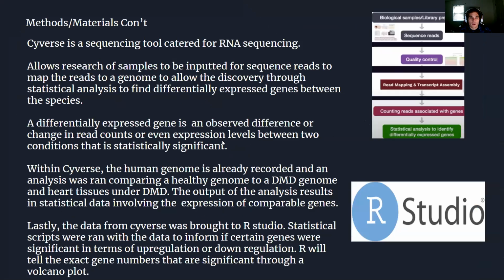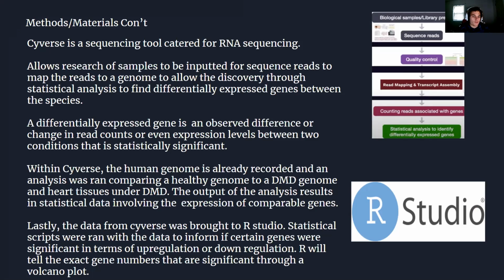And then we moved on to using CyVerse, which is a tool considered for RNA sequencing. It already had the human genome, and we were able to upload the DMD genome and another specific genome within it that found upregulation and downregulation within different genes among each genome.